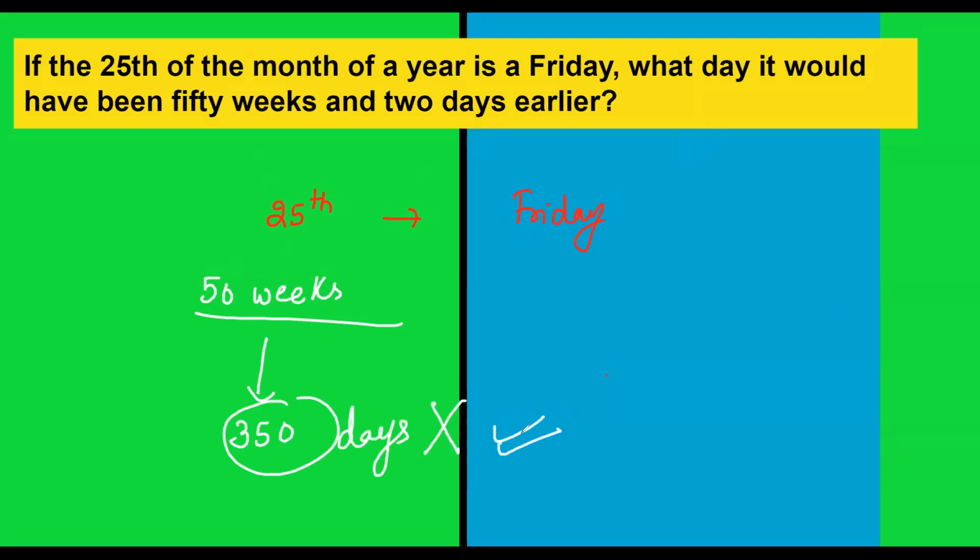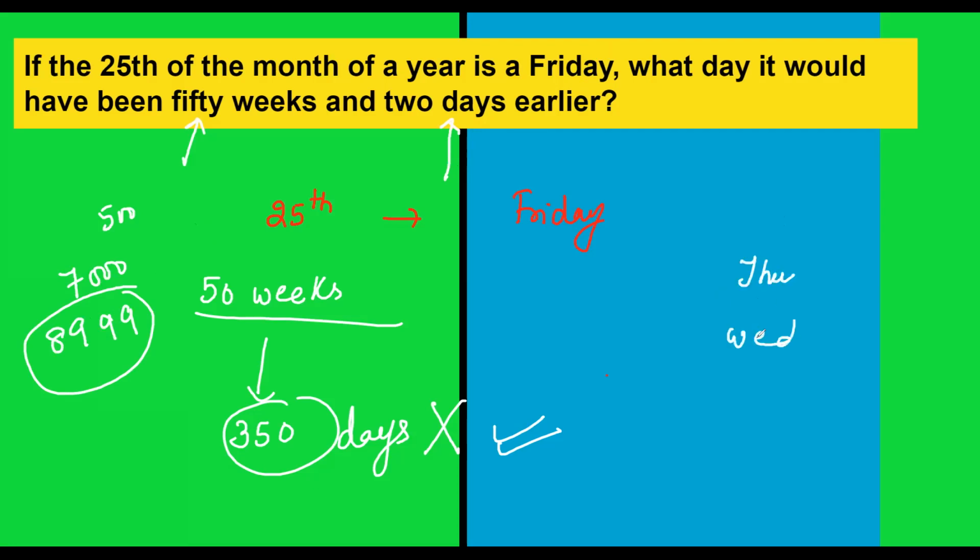It will not be included in our calculation, however big it is. Even 500, even 7,000, even 8999, we will not waste time calculating the number of days, because the number of odd days is 0. So we are just concerned about 2 days earlier. So this is Friday. 2 days earlier will be Thursday and then Wednesday. So our answer will be just Wednesday. So simple.